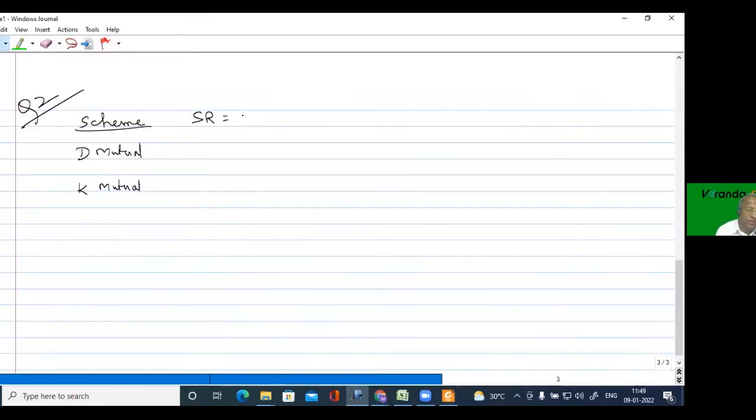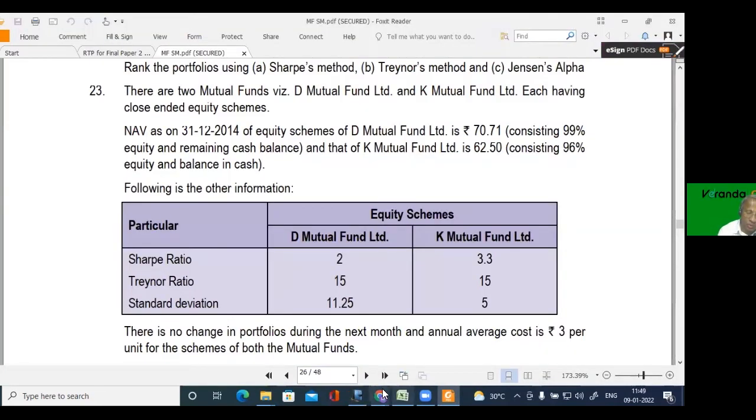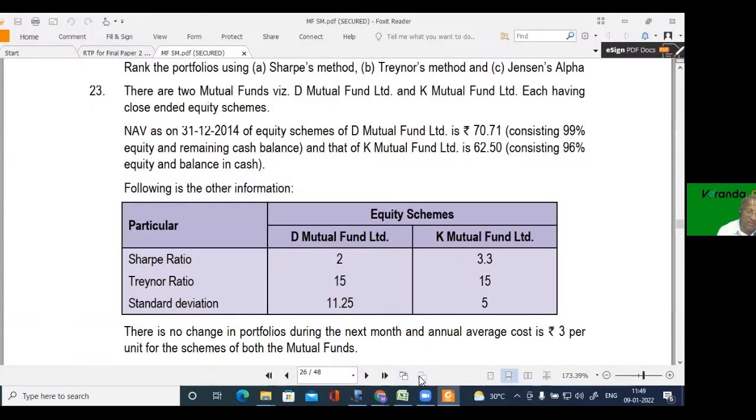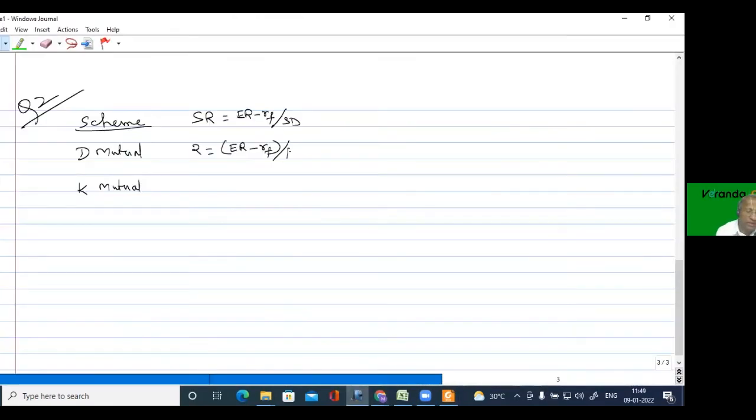Sharpe ratio formula is the expected return minus risk-free return divided by standard deviation. They have given you the number as 2. 2 is equal to the expected return minus risk-free return divided by the standard deviation, which they have given us 11.25.